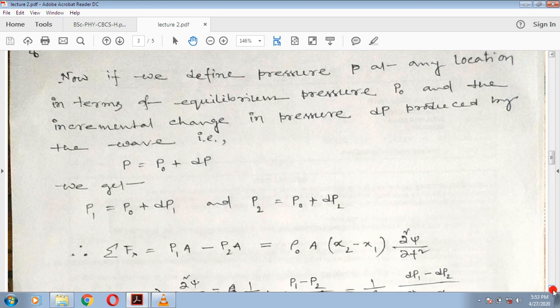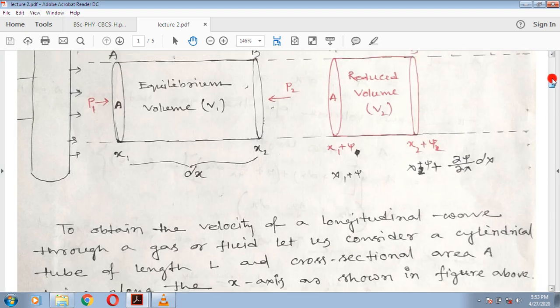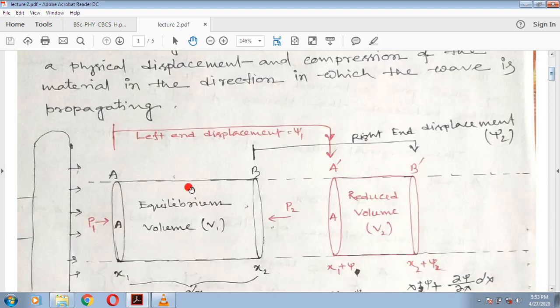Now let us define pressure at any point of the tube. Since we know that due to the wave, there is a force or pressure gradient observed, pressure is different at different points of the medium.